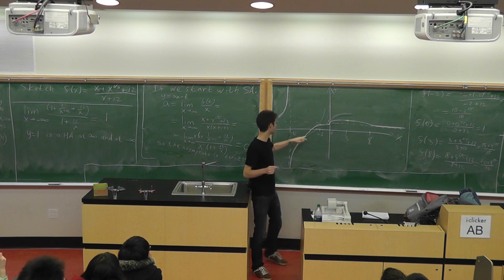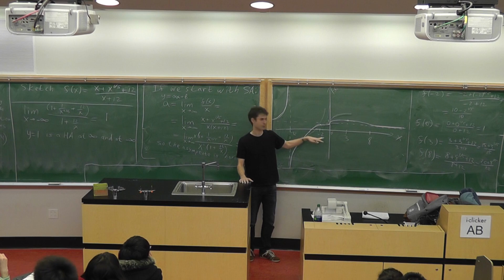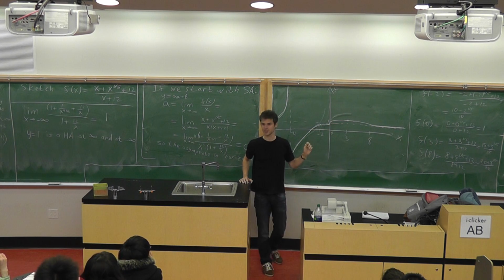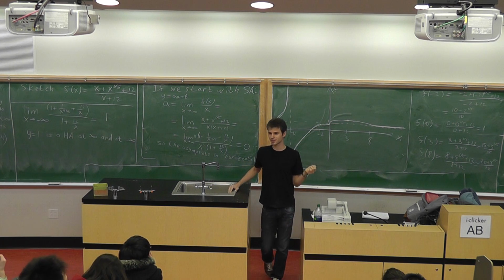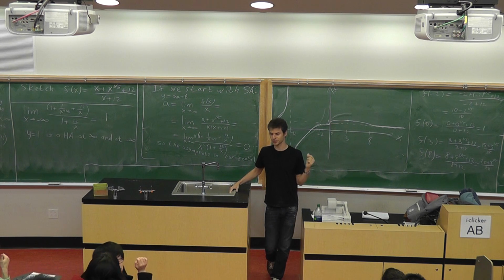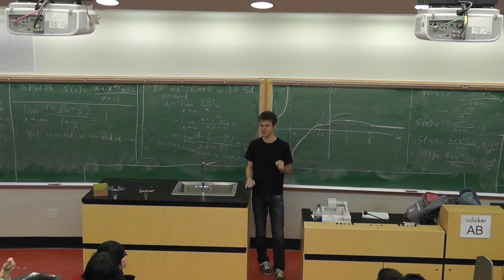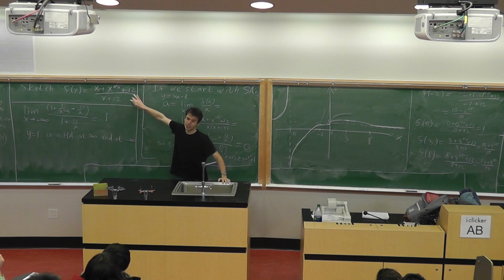For this, you'll have to solve f of x is equal to 0. f of 0 is something. But it will be pretty easy on the midterm, so don't worry about it. Just for this function, if you were to try to find the x-intercept, it would be quite impossible.